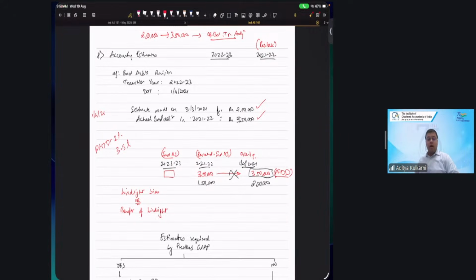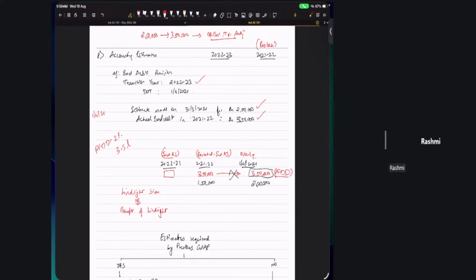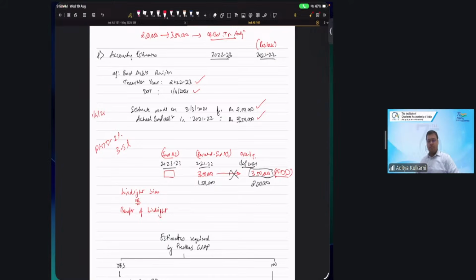Then we move on to accounting estimates. Accounting estimate, what does it say? See, let us suppose your transition year is 2022-23. Date of transition would be 1st April 21, the earliest of the previous year.